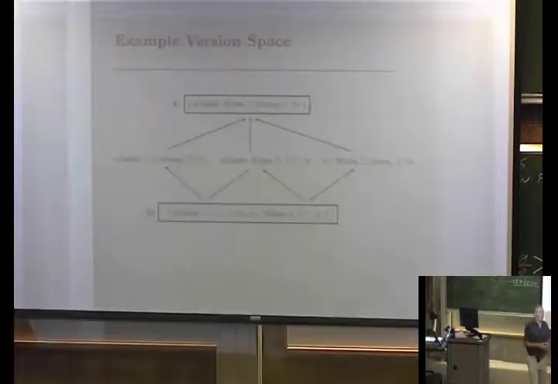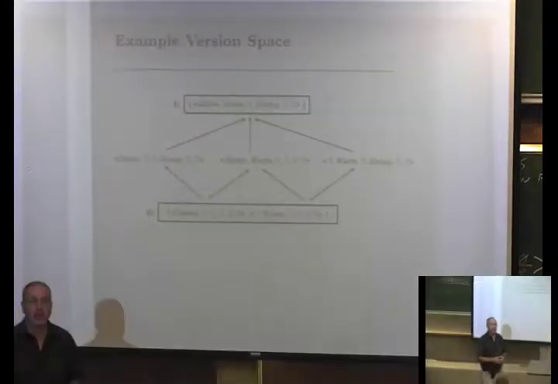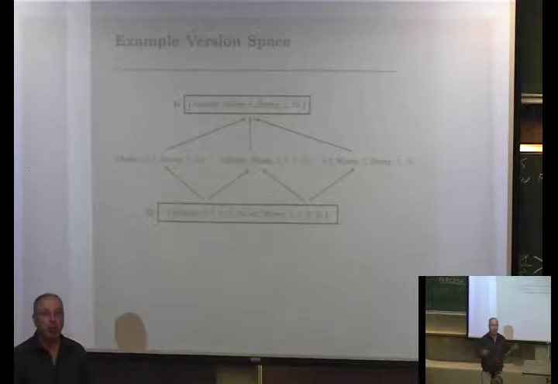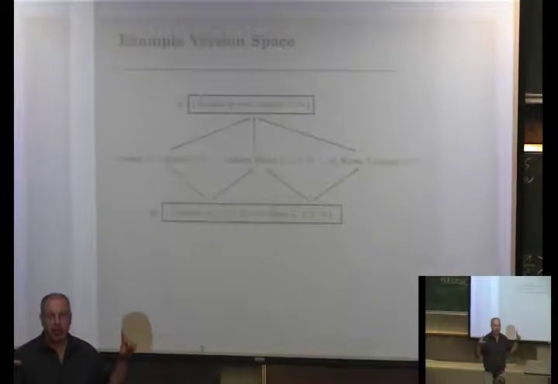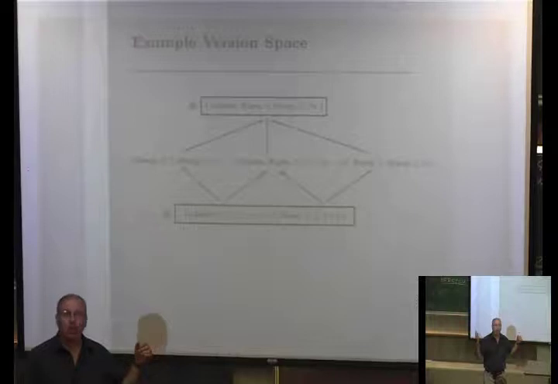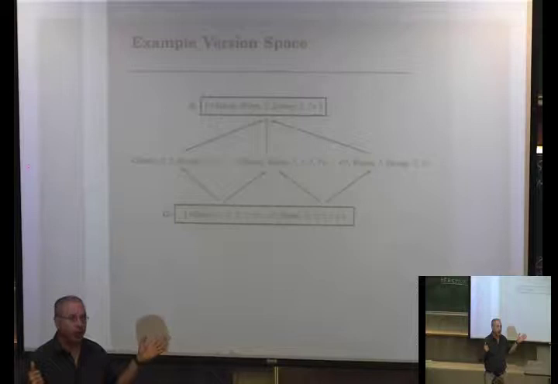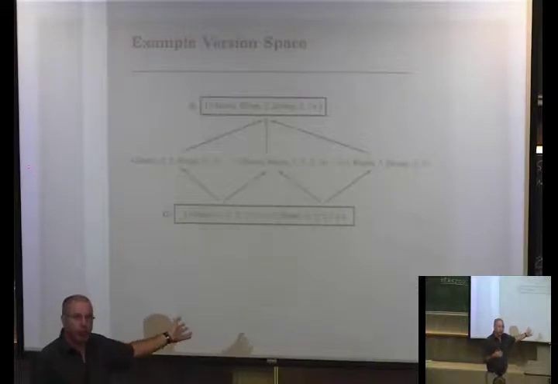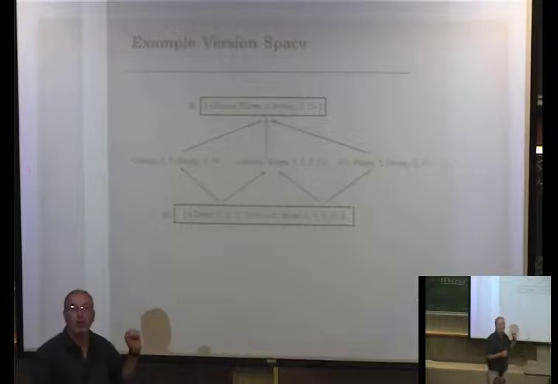Here is an example of the version space that you get if you start from the H that we defined with the angled brackets, which has 973 members in it, and you introduce the 4 training examples that I showed you, 3 positive, 1 negative. I won't go through the details, but I hope you take it on faith that this is what you get.